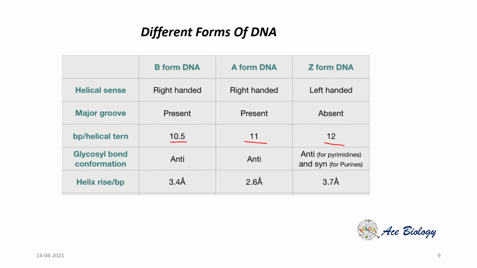And the helix rise per turn, it is 3.4 angstrom in case of B DNA, 2.6 in A, and 3.7 in Z DNA. Also, the syn and anti conformations that we had already discussed. So what happens in case of B and A DNA, anti is the preferred conformation. In case of Z DNA, we will be having anti for pyrimidines and syn for purines.